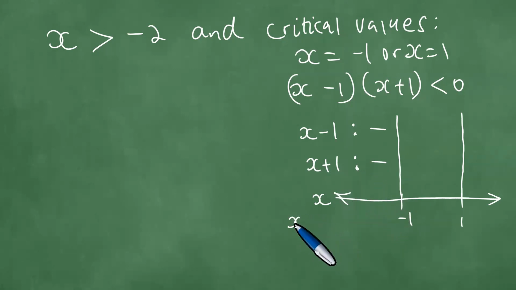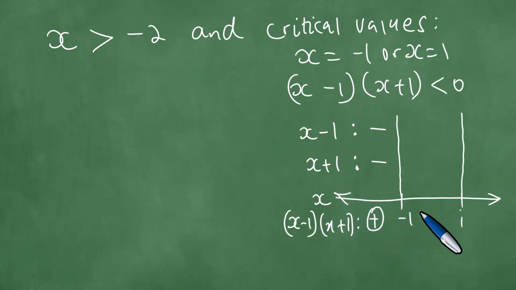Here we have x minus 1 times x plus 1; if you multiply the two, you have a positive. Between minus 1 and 1 is 0. You can choose 0 or any number between them, but 0 is easier. 0 minus 1 is negative, 0 plus 1 is positive. Multiplying them is negative.